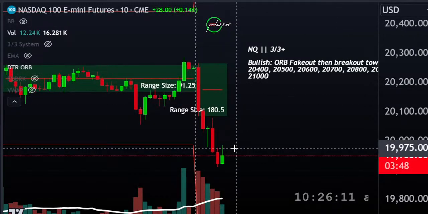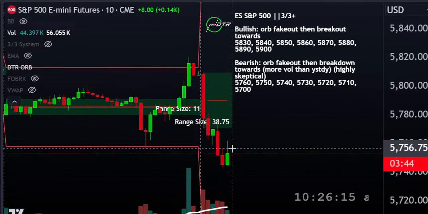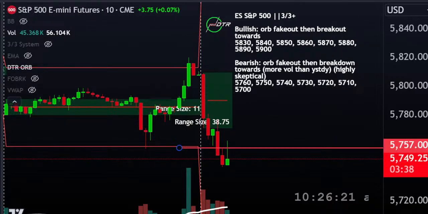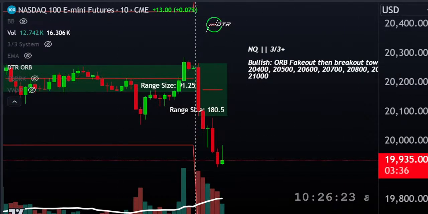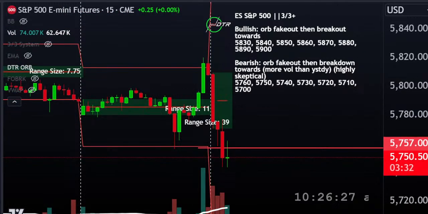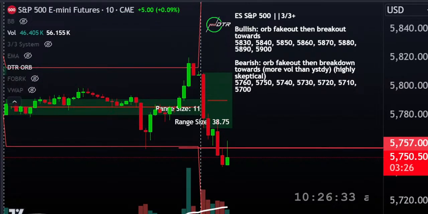So ES, we need to close above 75 on this 10 min. Sorry, NQ 75. ES above 56. So a lot of work to go here.